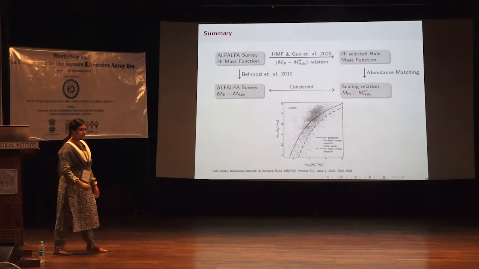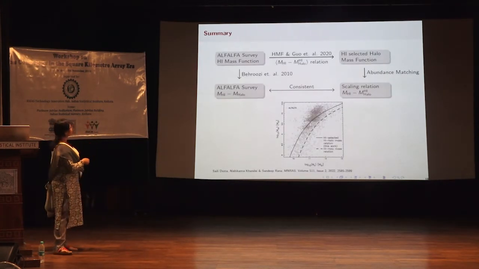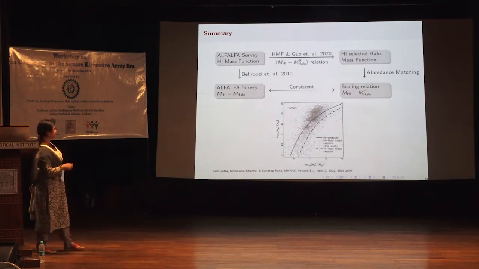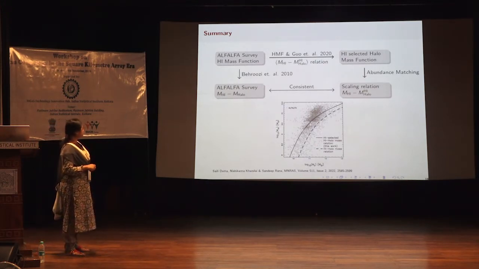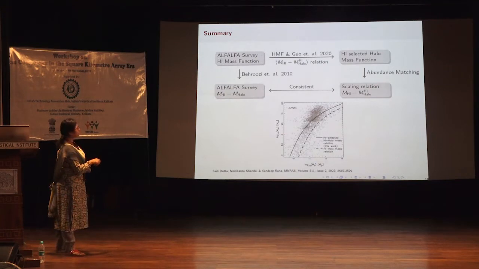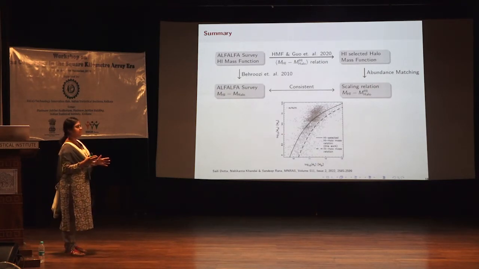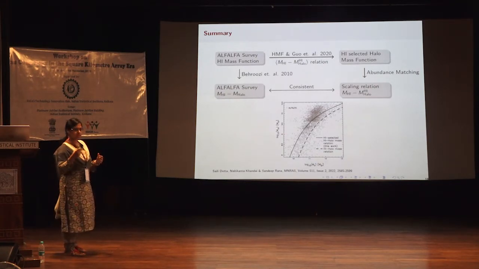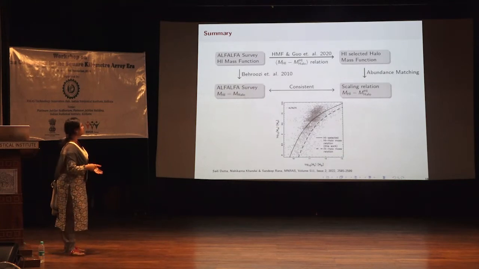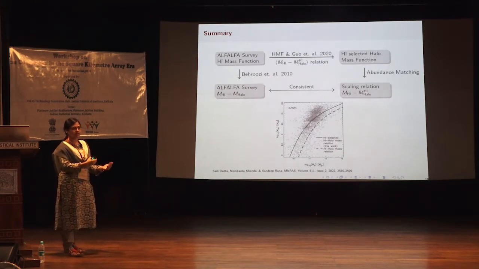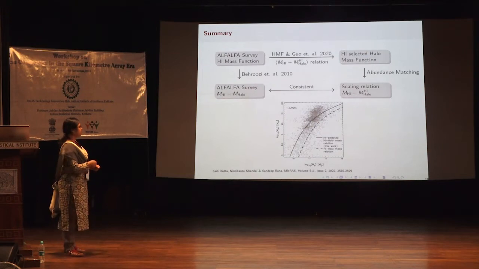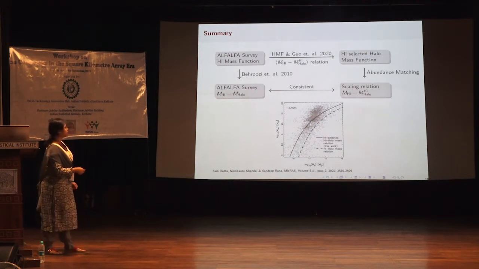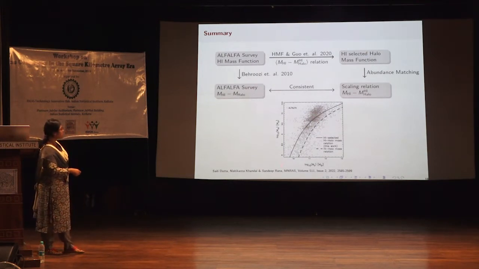To end, I will summarize this talk with a consistency check. We have considered a volume limited sample from alpha, and we have mapped the H1 masses to halo masses, and we overplotted those with the scaling relations we have just estimated.